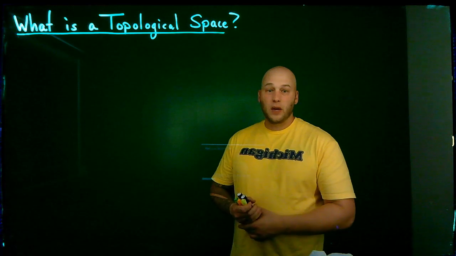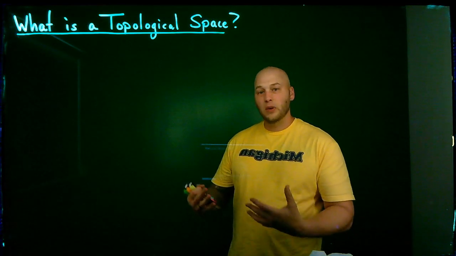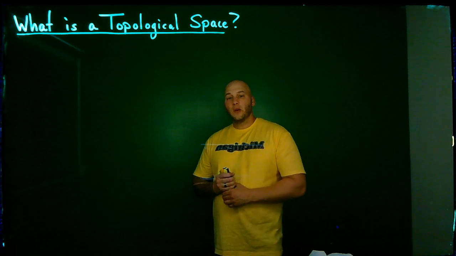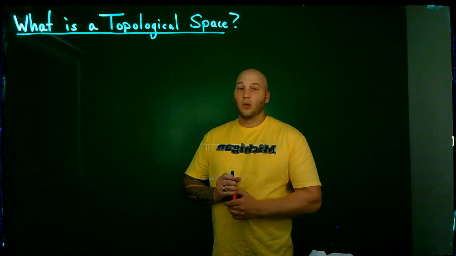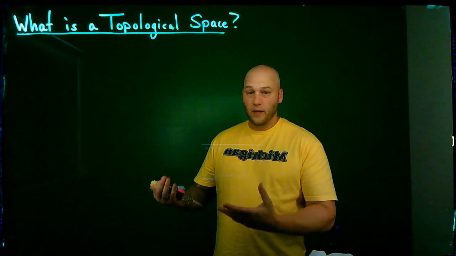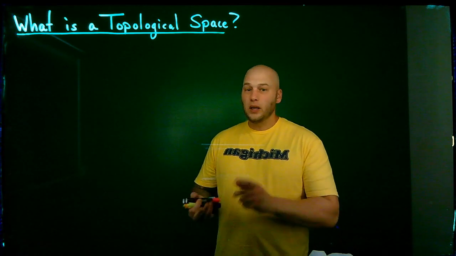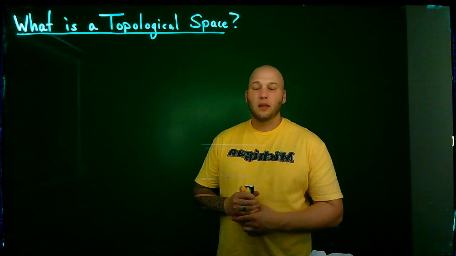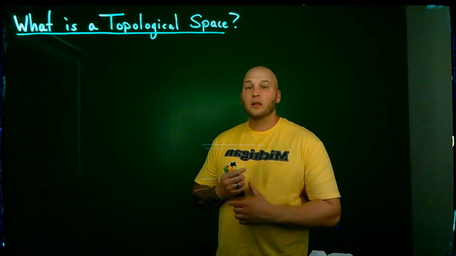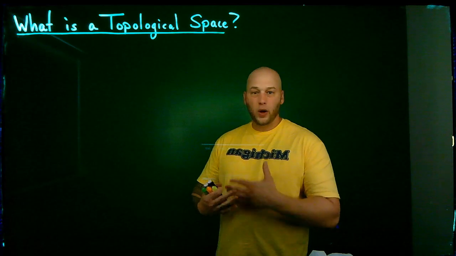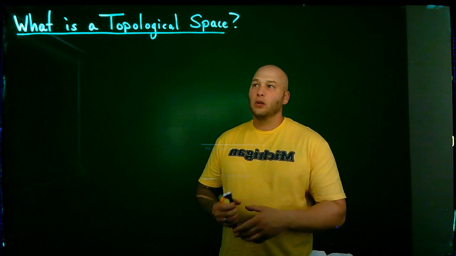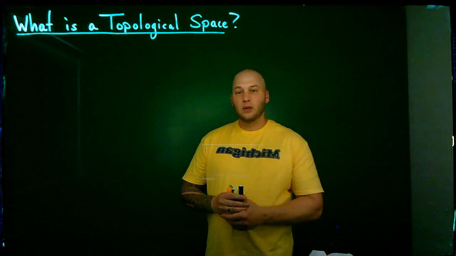Well, a topological space is another type of structure where it's going to be a set with something else with it. This video isn't going to necessarily give you a really good feel for what a topological space is, but we're going to go through the definition. I'll give you some examples of what is a topology, what isn't a topology, things like that. But you really won't get a good feel for what a topological space is until you spend time working examples and writing proofs and learning more material related to topological spaces.